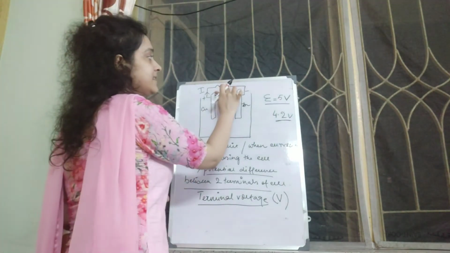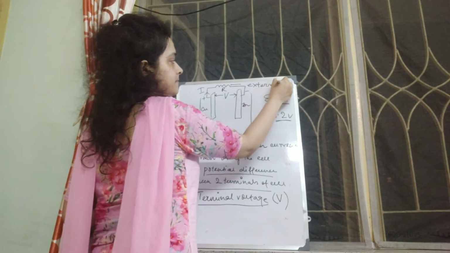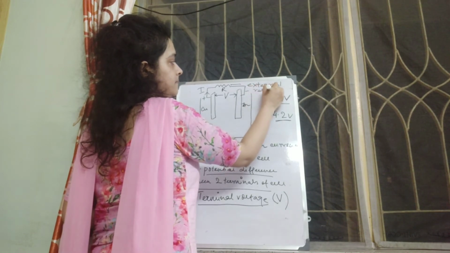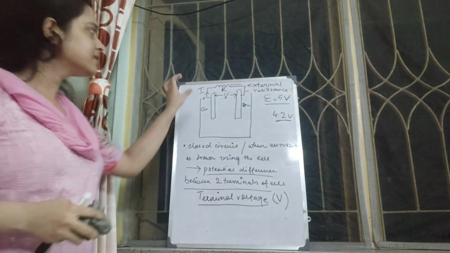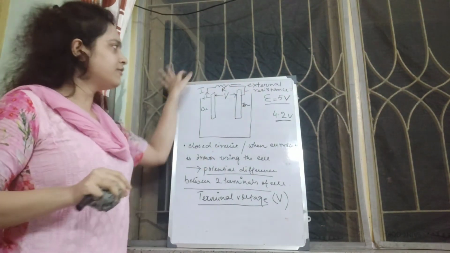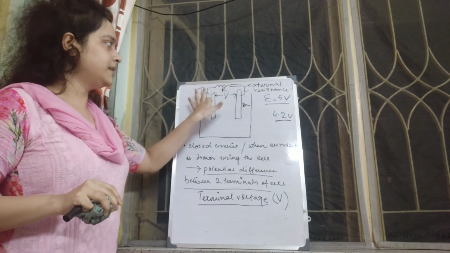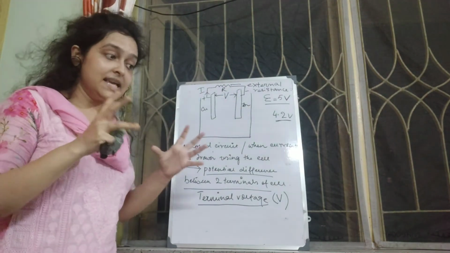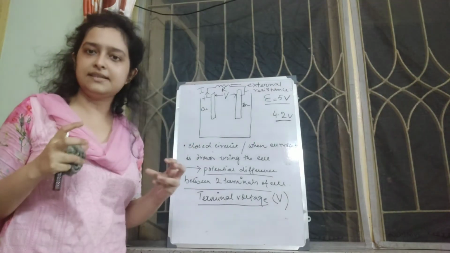This is the external resistance which you have connected. External resistance means you have taken a resistor and connected it, making a circuit with the two terminals of the cell. But every cell has its own internal resistance.